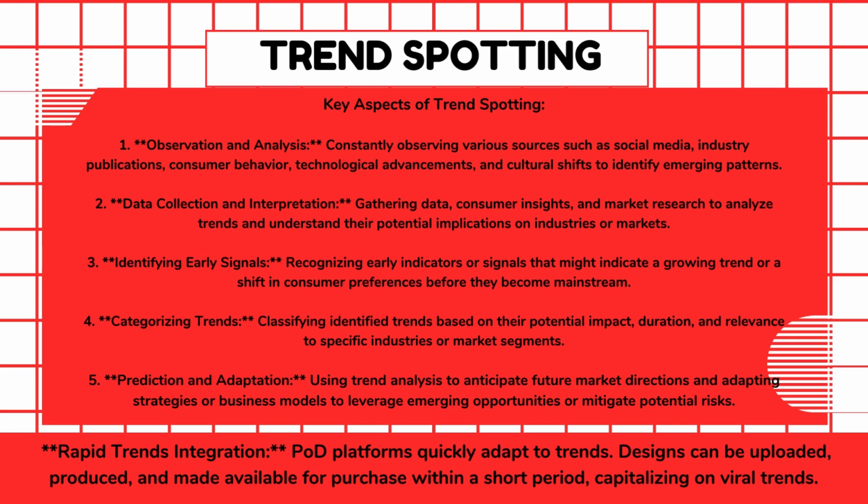Recognizing early indicators or signals that might indicate a growing trend or a shift in consumer preferences before they become mainstream. Categorizing trends: classifying identified trends based on their potential impact, duration, and relevance to a specific industry or market segments.